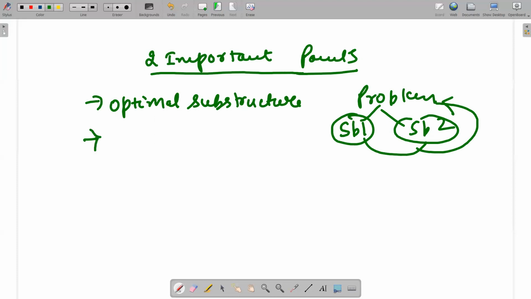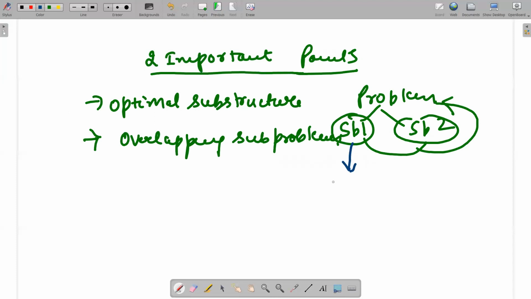I'll let you know because there is a difference between dynamic programming and divide and conquer. And secondly, we have overlapping subproblems. What is overlapping subproblems? We need to divide the problem into subproblems, and if a similar solution is provided for subproblem 1 and subproblem 2, we can overlap them.